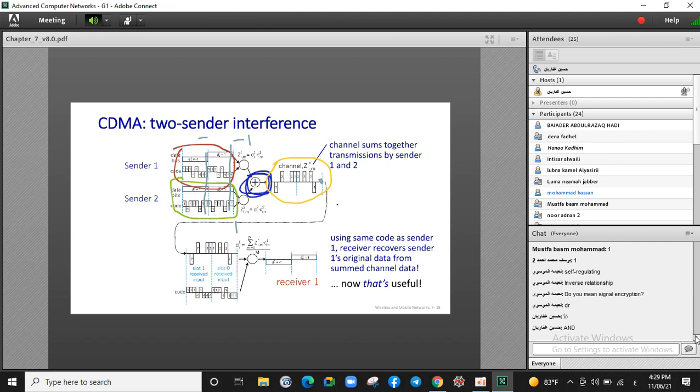Minus 1 and minus 1, the result is minus 1. 1 and 1, the result is 1. Excuse me. Minus 1 and minus 1, the result is plus 1. And 1 and 1, the result is plus 1. So here, you can see the result is 2. Plus 1 and plus 1. Inside the network, I can see this summation of the signals in my network.